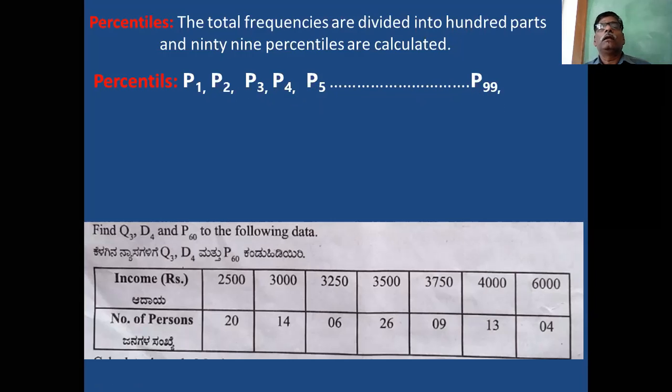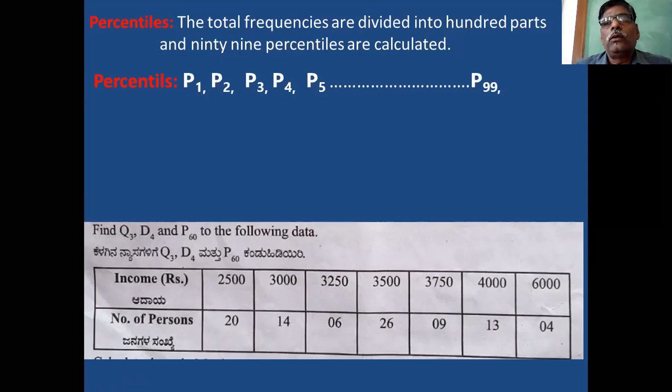P1 comes at the first part end, P2 comes at the second part end. Like this, P99 comes at the end of the 99th part. Before this, 99 parts are there, and after this, one part is there. In this way, the total frequencies are divided into 100 parts, and we calculate the 99 values.